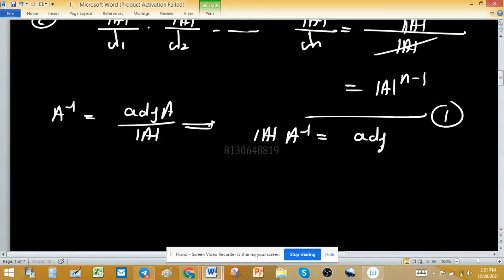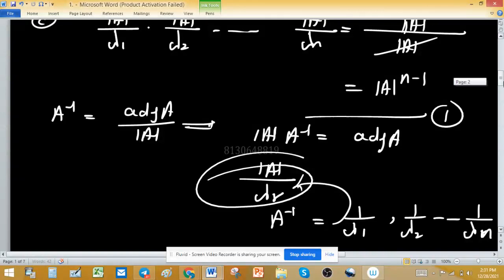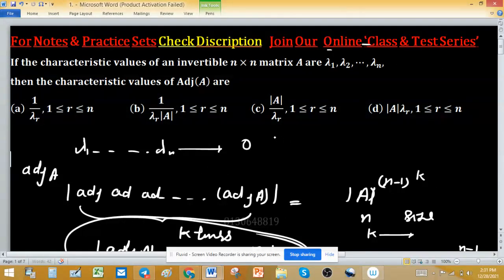So the eigenvalues of adjoint A will be determinant of A, which is a constant, times the eigenvalues of A inverse, which are 1 upon lambda 1, 1 upon lambda 2, and so on up to 1 upon lambda n. Using this, the eigenvalues of adjoint A will be determinant of A upon lambda r, and using this we can directly tick option C.